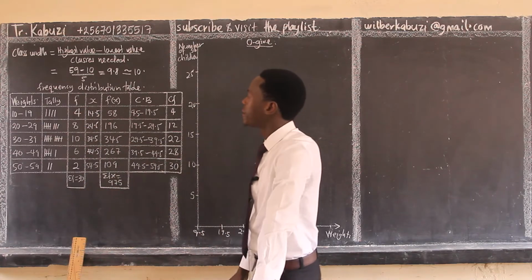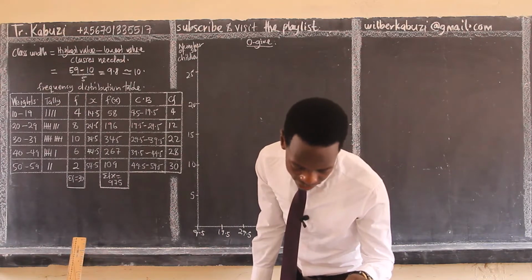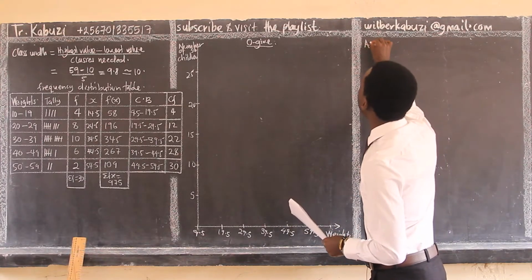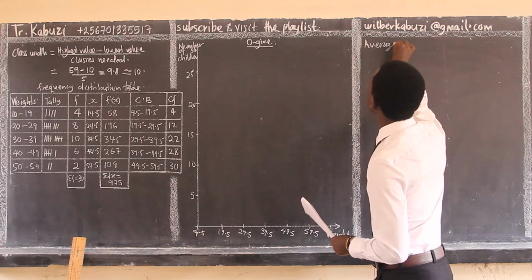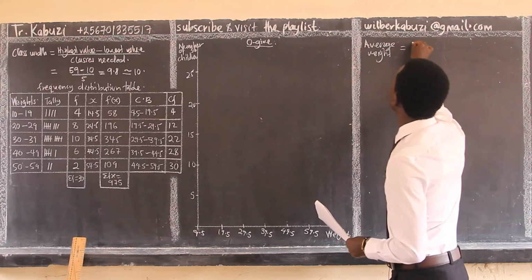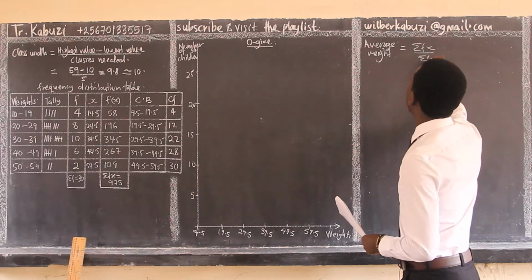Just use your calculator. So first of all, they wanted us to get the mean. They wanted us to get the average weight. So how do you get the average weight? So our average weight is equal to summation f of x over sum f.